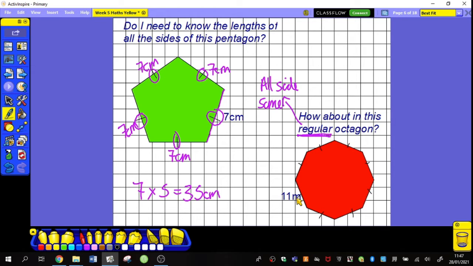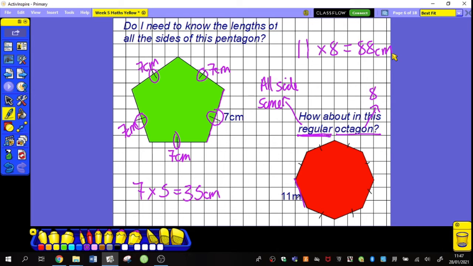So this time I have one side is 11 centimetres, so they're all 11 centimetres. I know it's an octagon, which is 8 sides. So I can either do 11, add 11, add 11, and so on, all the way to make sure I have 8 of them, or I can just do 11 times 8, 88 centimetres.